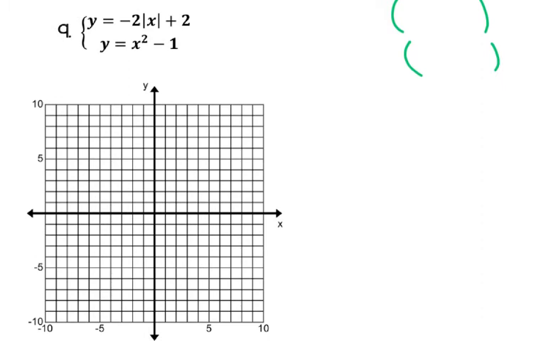But if we remember how to graph absolute value, and you know a lot about transformations now, so remember that the parent function for absolute value is like that. And so this tells me there's a reflection and a stretch, and then this tells me it's going to be moved up 2. So what I'm going to do is I'm going to graph that. So I'm going to take my vertex and go up 2. Instead of going over 1, up 1, I'm going to go over 1, up 2 because there's a stretch.